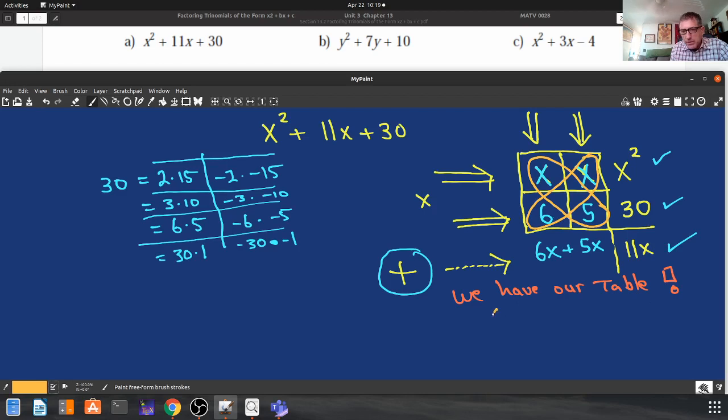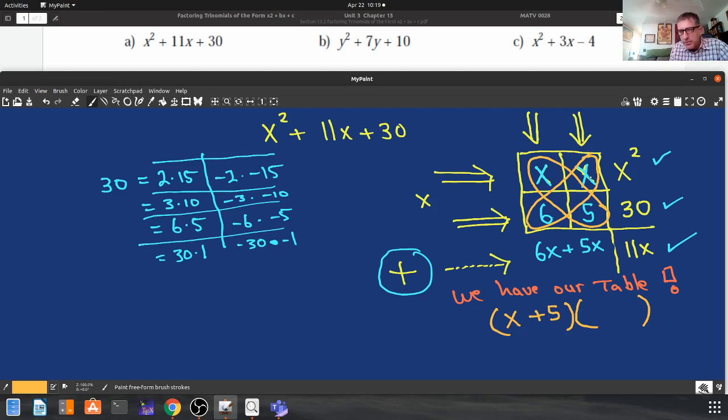And our factorization is always two things multiplied: something in parentheses times something in parentheses. So the first is x, and down here, kitty corner, is a plus 5. So that 5 is positive.